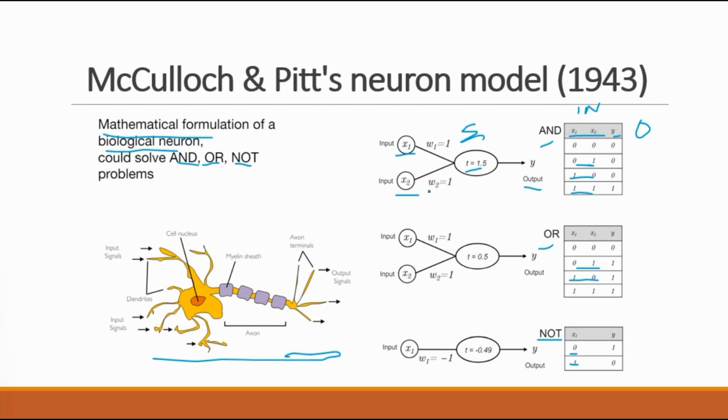In that way, you can think of it as a piecewise linear function, where it returns 1 if the inputs, let's say x1 plus x2, are greater than or equal to the threshold, and 0 otherwise. This would be our neuron here.